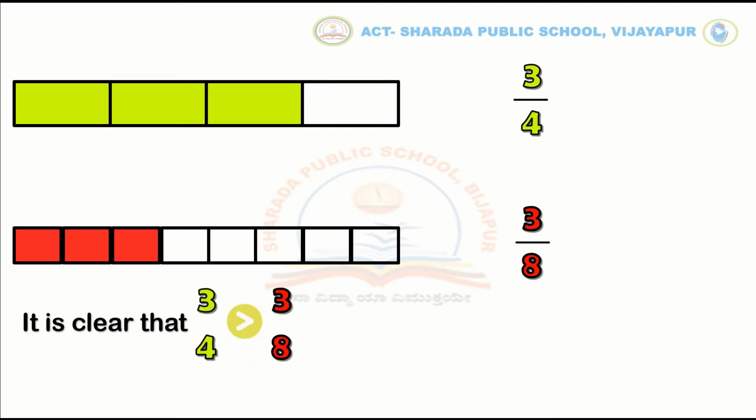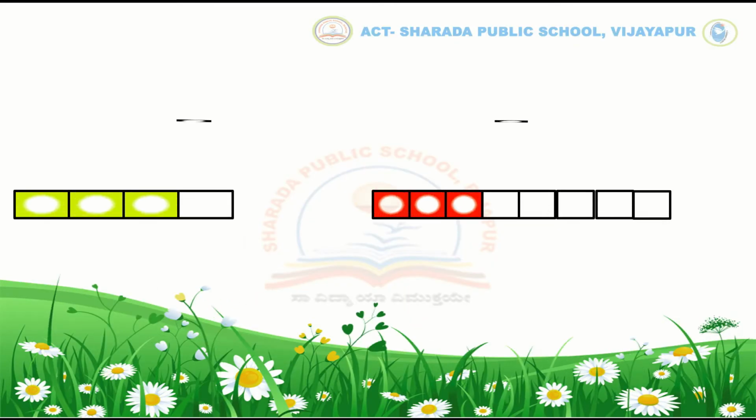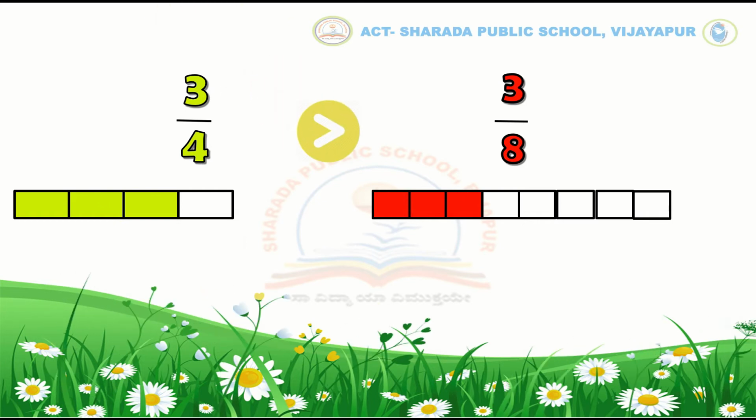It is clear that 3 by 4 is greater than 3 by 8. If the numerators are the same, then the fraction with the smaller denominator has the greater value. So, 3 by 4 is greater than 3 by 8.